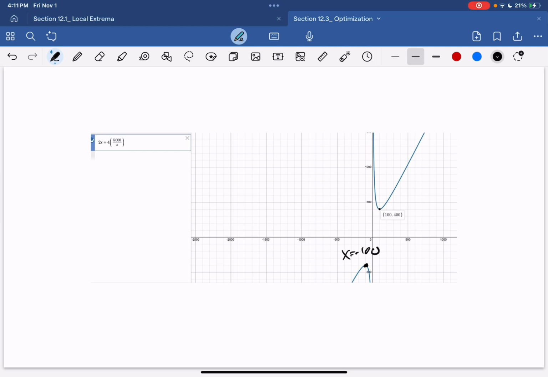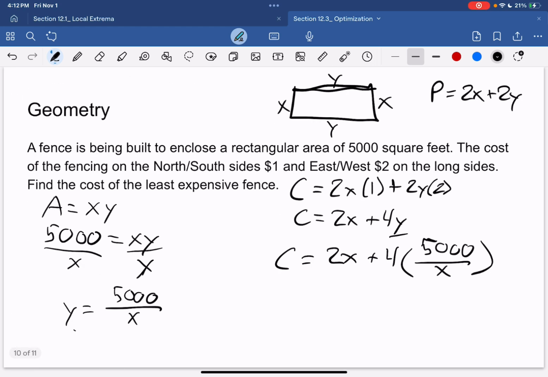However, thinking about my interval, I can't have a negative length of a fence, so I do not even need to concern myself with this. What I am looking at is an X value equal to 100. So I need to have 100 feet of fence on the X side of the rectangle. X is equal to 100.